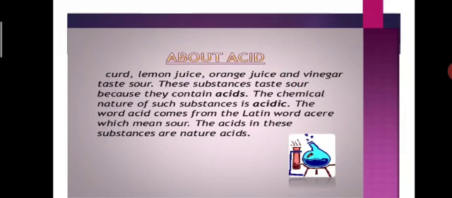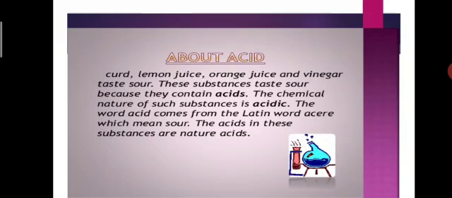Now let's know about some acids. See students, in curd, lemon juice, orange juice and vinegar, we know that all of these have which type of taste? That is sour. So these substances taste sour because they contain some acids. The chemical nature of such substances is known as acidic.